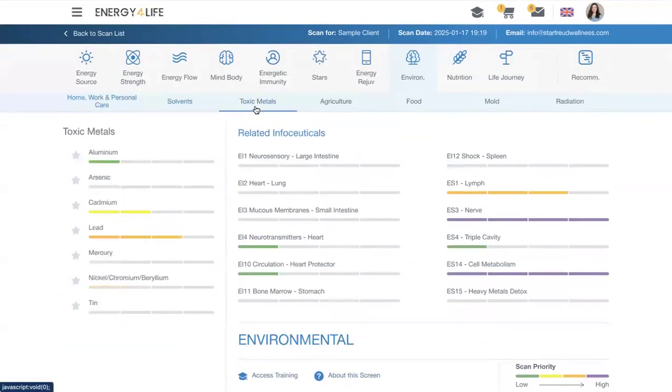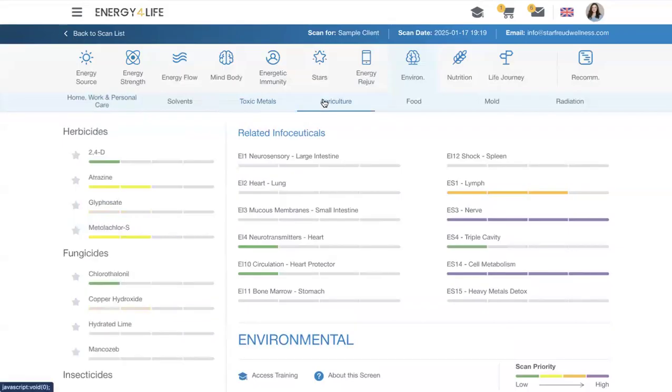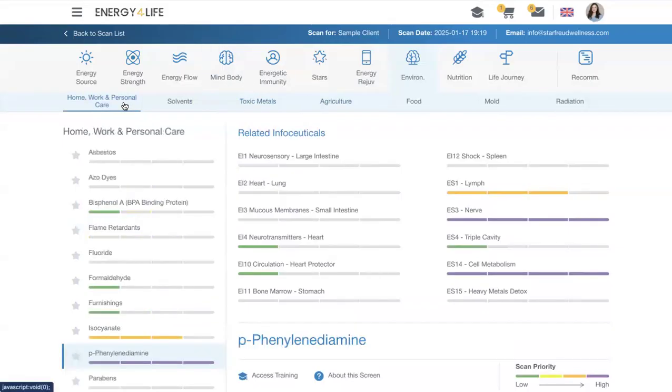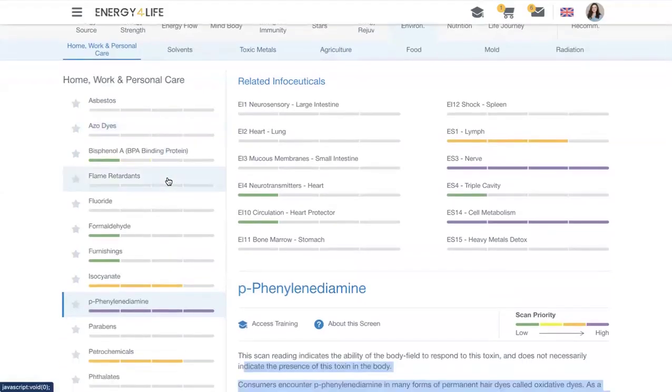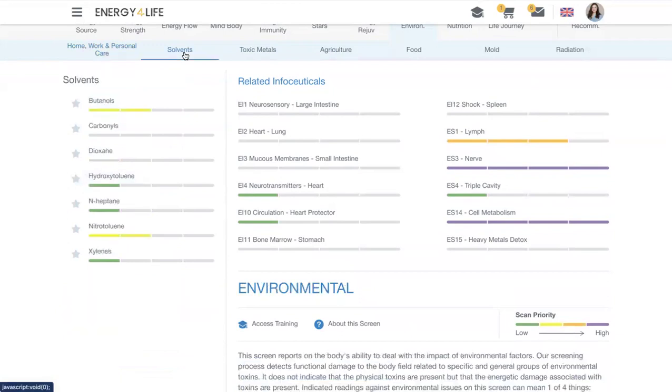Solvent exposures, heavy metals, which is very popular, especially at the clinic, because we specialize in detoxification alongside gut health. Agricultural. So the premise of this is try to get chemical-free products, which we are able to provide you lots of recommendations and support around.